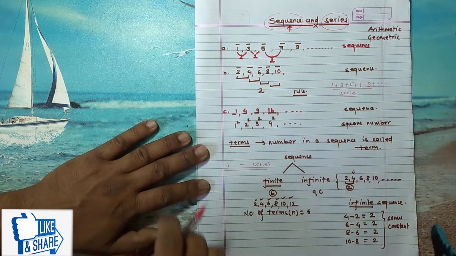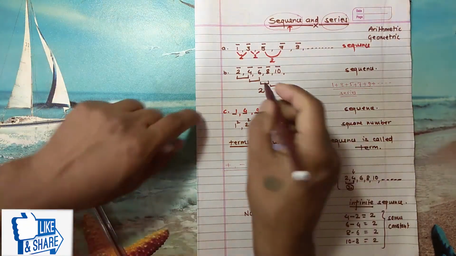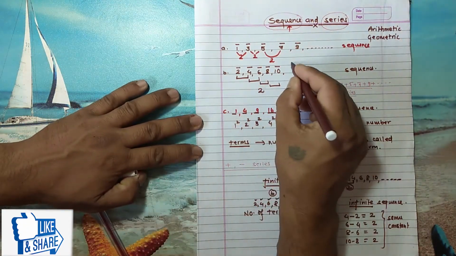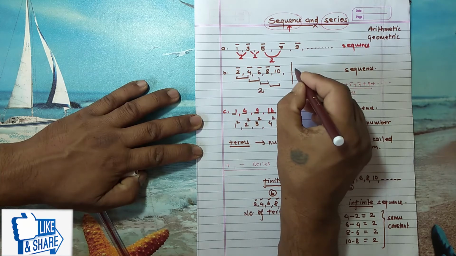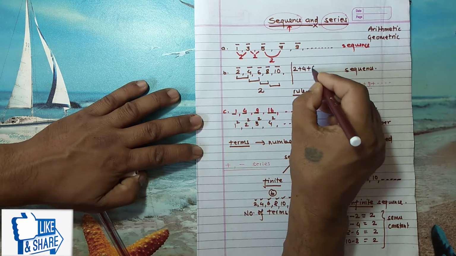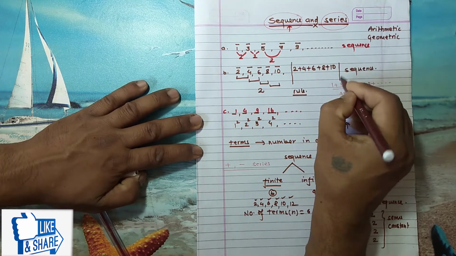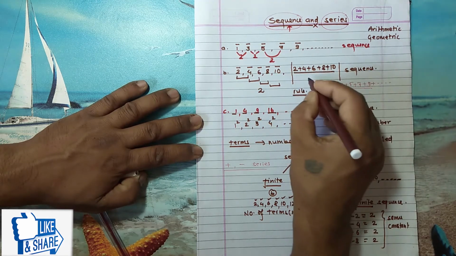Similarly, for this one we can also do like this: 2 plus 4 plus 6 plus 8 plus 10. Now this one became the example of series.